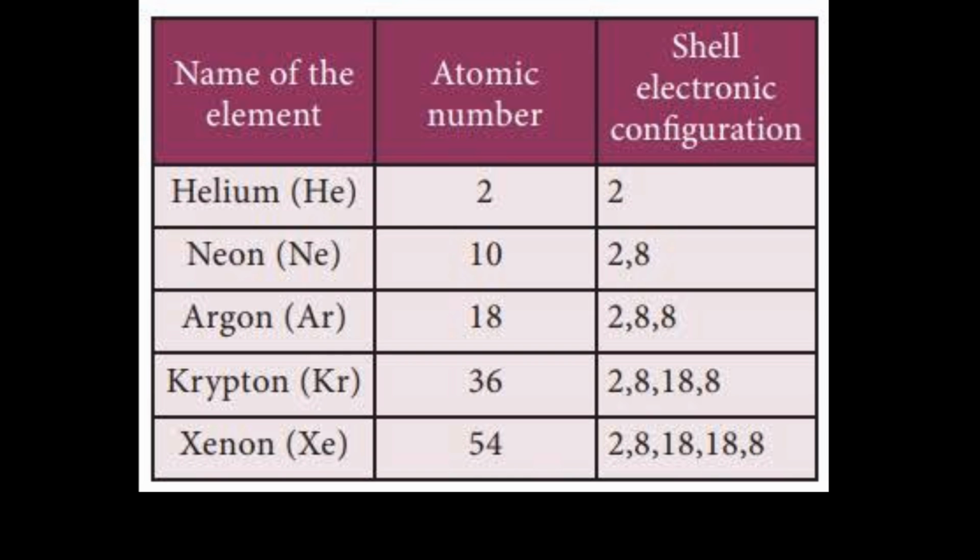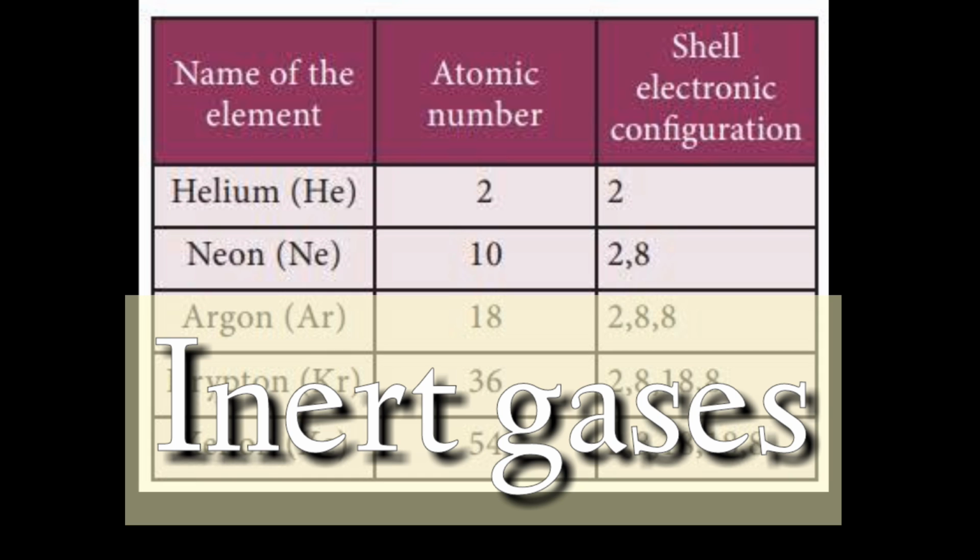We have 118 elements, and the electronic configuration with 8 electrons in the outermost shell is the most stable. The arrangement of such type is known as octet, which can be seen in noble gases.